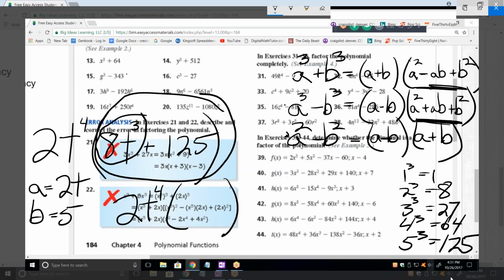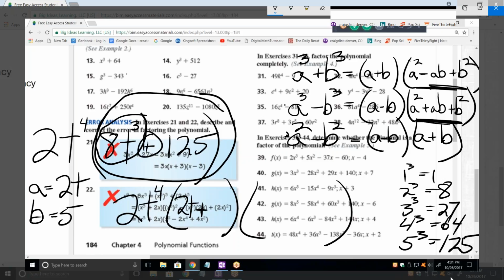And now we have to factor that sum of perfect cubes. What goes in here in the parentheses? So 2t plus or minus? It's always the same. It is plus, because it's the same as that.